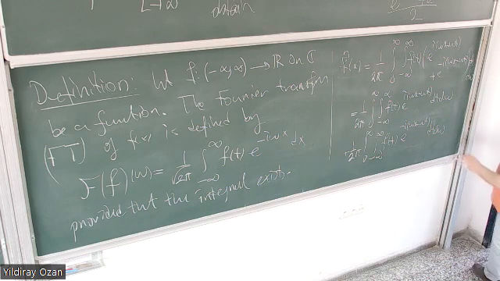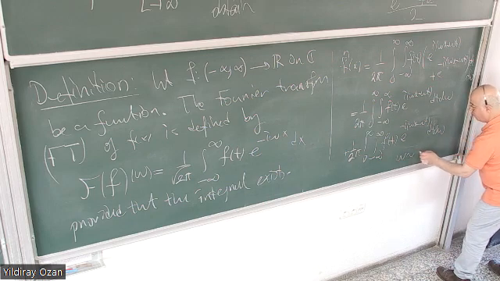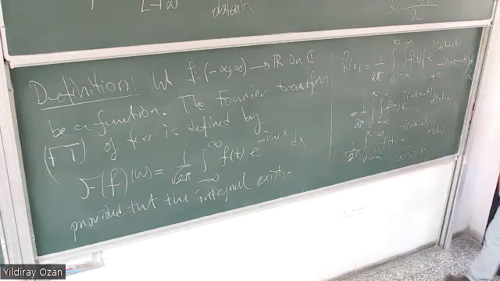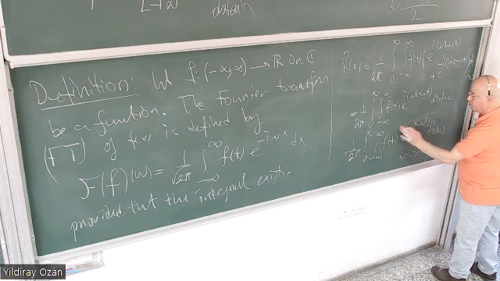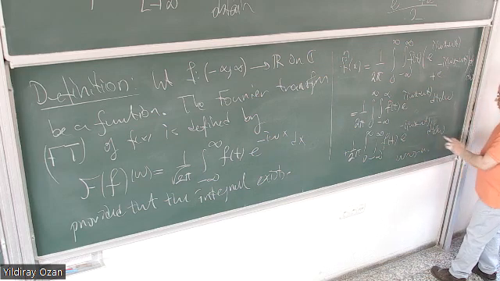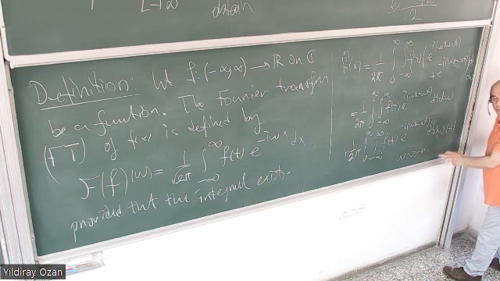In this integral, let's replace w with minus w, okay? If you do that, so if I plug minus w for w, this will be plus. There will be a minus sign because I am replacing w with minus w. So dw becomes minus dw.